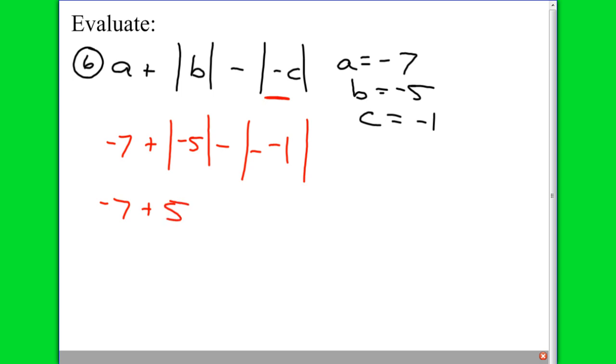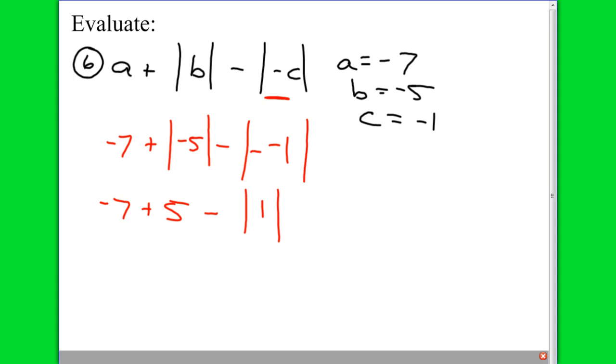I can keep this as subtraction for the moment, okay? And now look at what's in there. Inside here I have negative of -1, which is the same as what? The opposite of -1, right? Or +1. Okay, so this is the absolute value of 1.